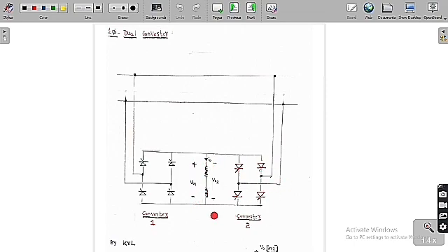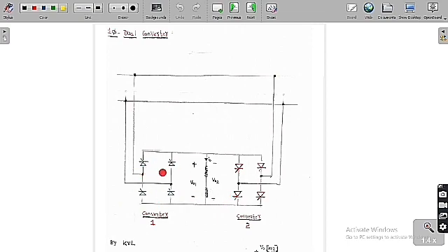Whereas because of the other bridge, the output voltage will be plus or minus V02 and the output current is in this direction. The voltage can be either positive or negative, but the current is always positive for the first, while for the second the current is in the opposite direction. Therefore we can get 4 different modes of operation, that is, 4 quadrants.